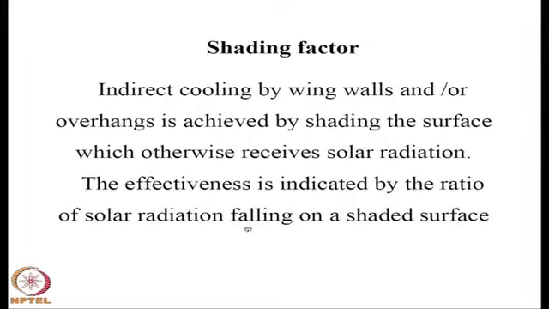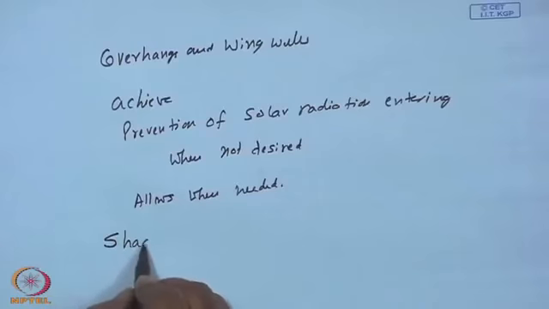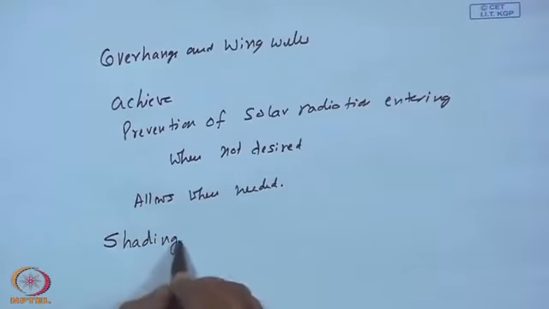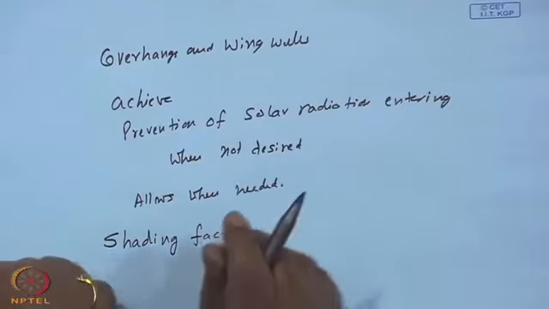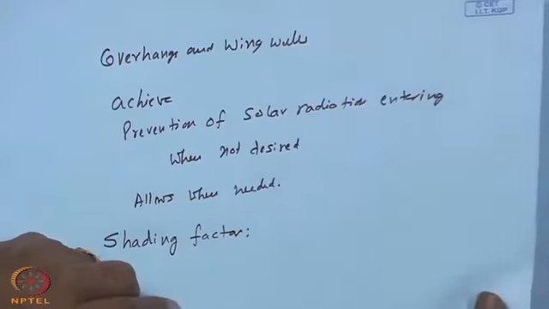So, now you have what is called a shading factor. When the window is shaded by the overhang or the wing wall, a part of it will not receive the direct solar radiation.